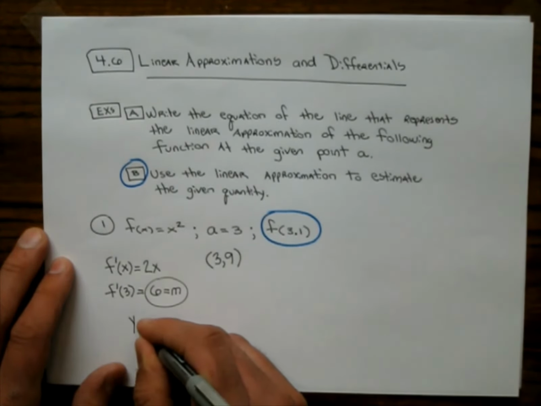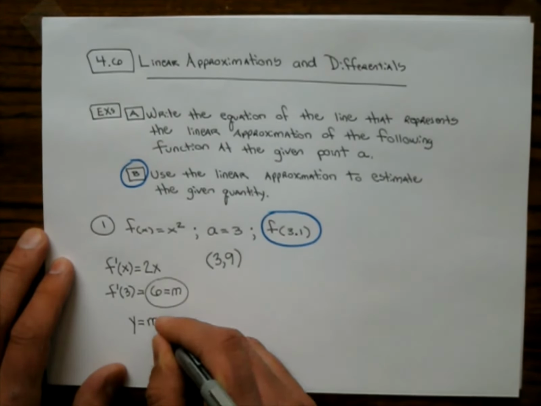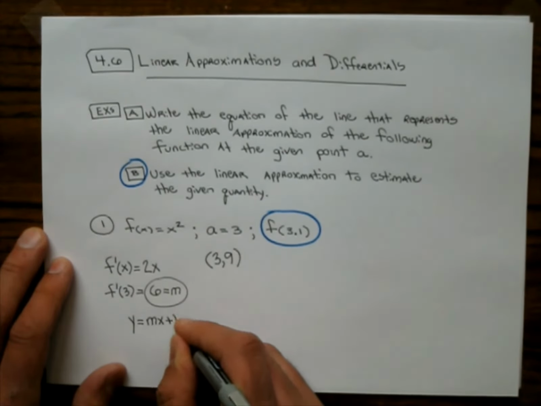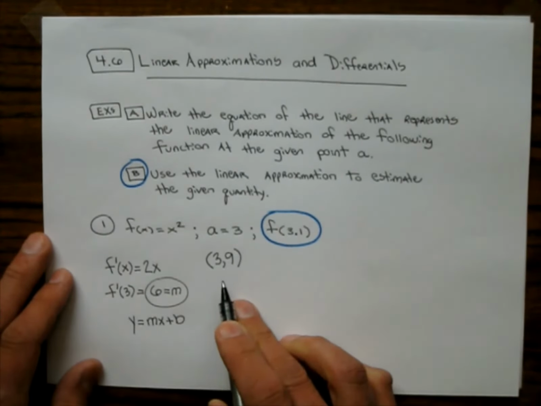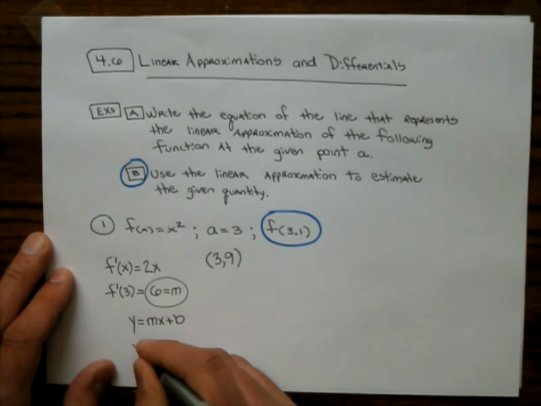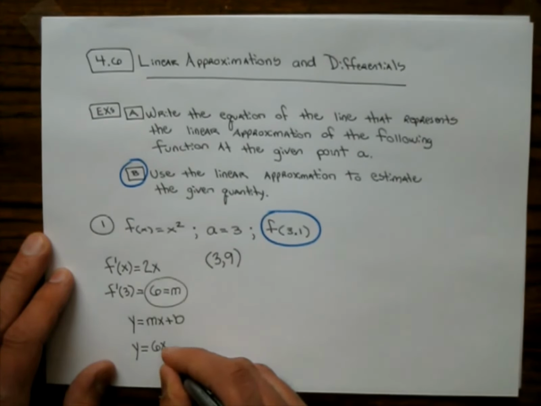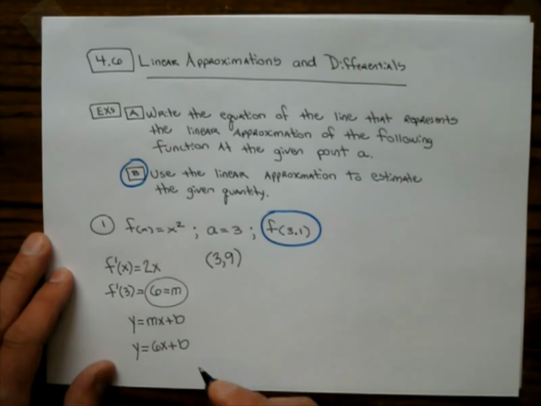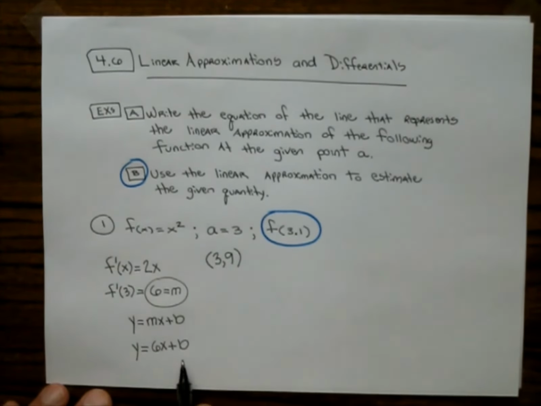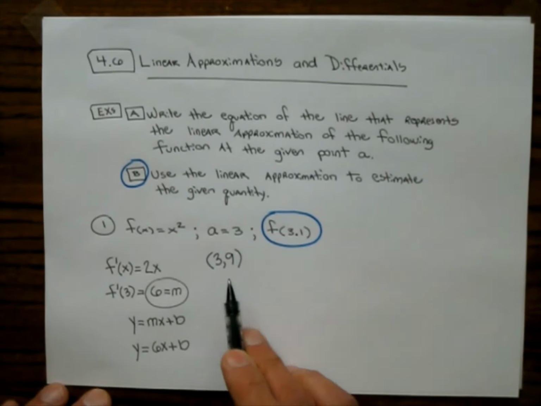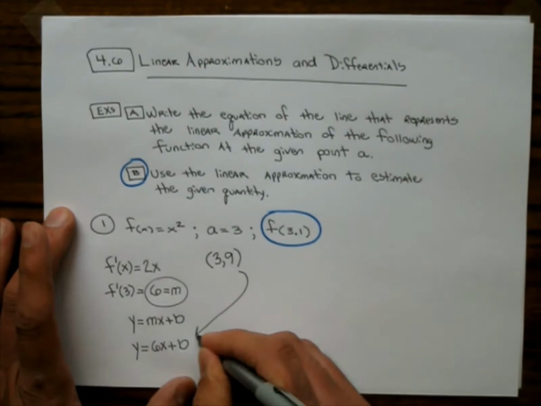So lines look like this: y equals mx plus b. And we have y equals m, which is 6, x plus b. What we're trying to find now is b, the y-intercept, by plugging (3, 9) into this equation.